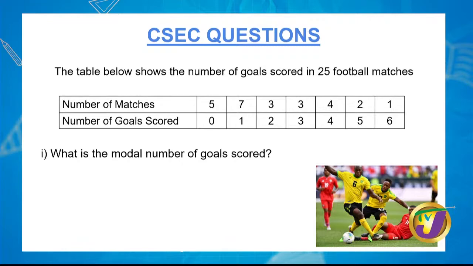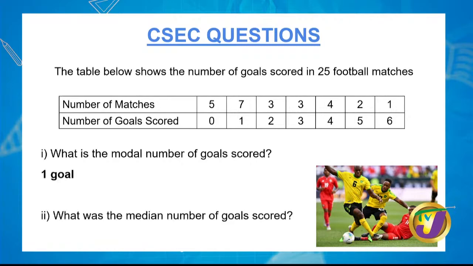So the highest frequency is 7, and that is for one goal. So one goal occurs in most of the matches that are being played. That means the modal number of goals scored would be 1 goal. I hope you at home are getting it as well.